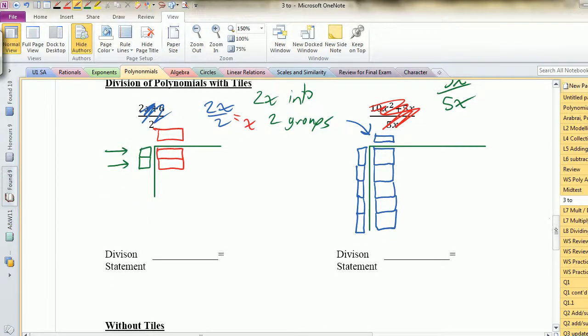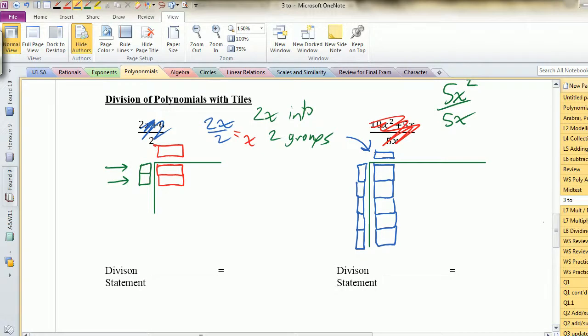It's simply x. So for your division statement, we'll say 2x divided by 2 equals x. 5x squared divided by 5x equals x. Any questions?